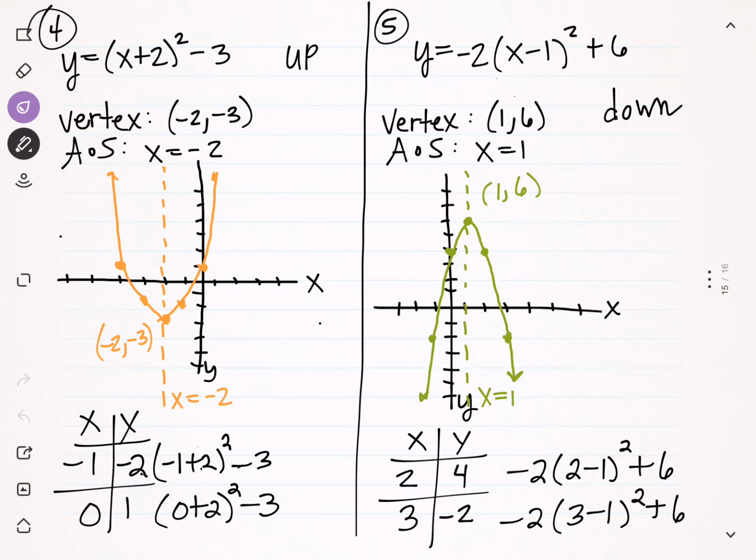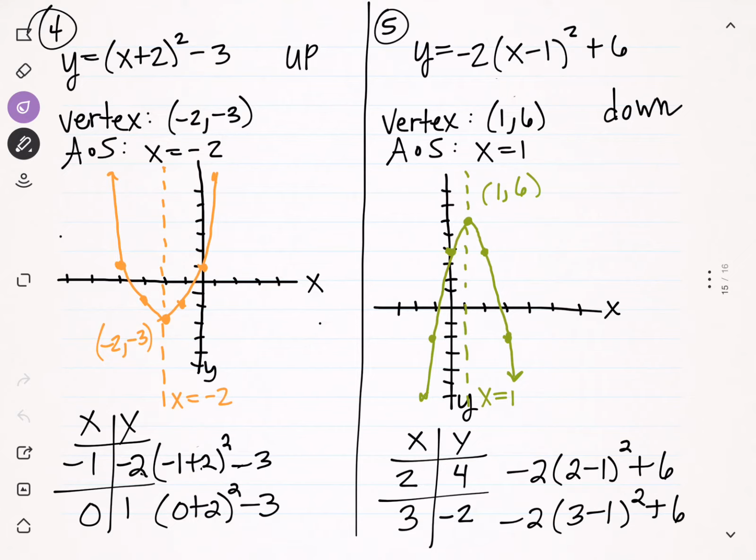For number 5, we have a vertex located at 1, 6, and we have an axis of symmetry then at x equals 1. Because the value of A is -2, that means our parabola will be opening down.